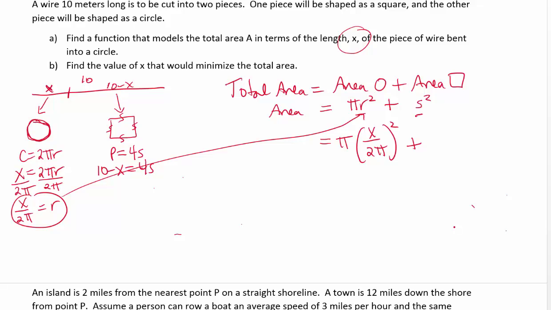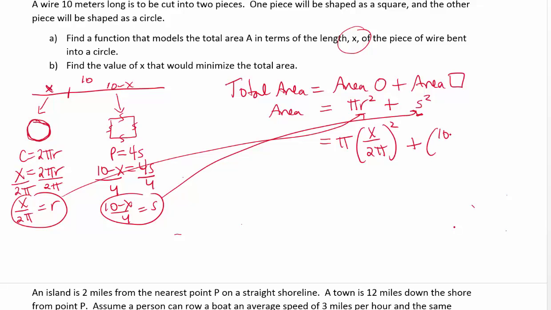So if it's s that we're trying to get rid of, then over here we want to solve this for s by dividing by 4. And so I can take this and substitute that right here for s and rewrite this as 10 minus x all over 4 quantity squared. And now I have a new area function that only has x's in it.